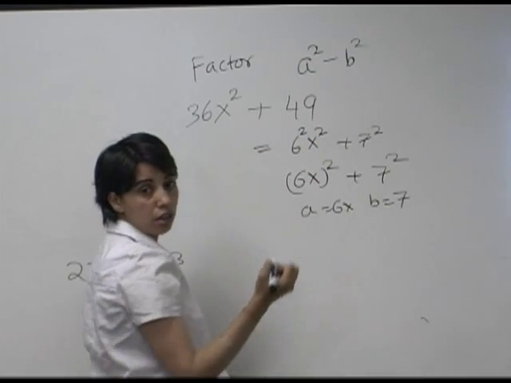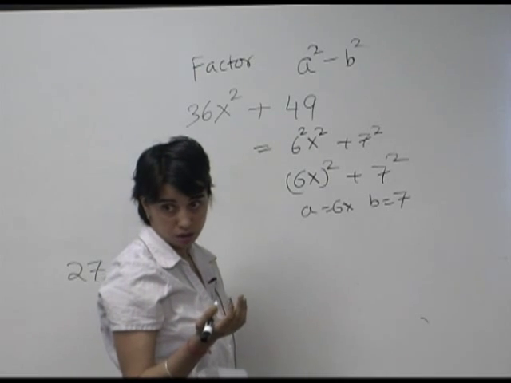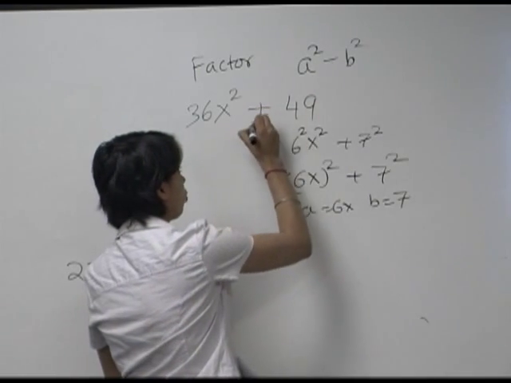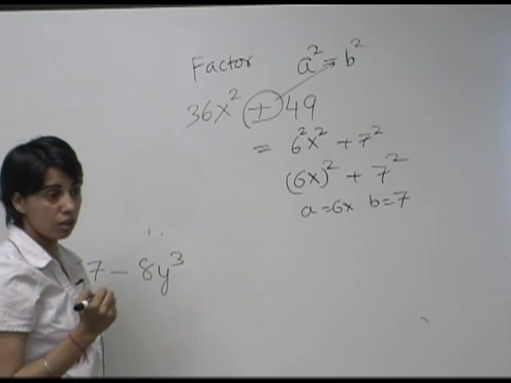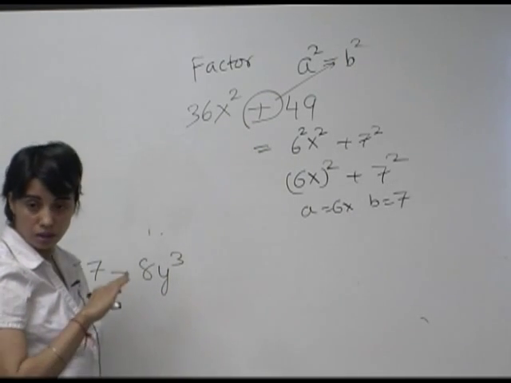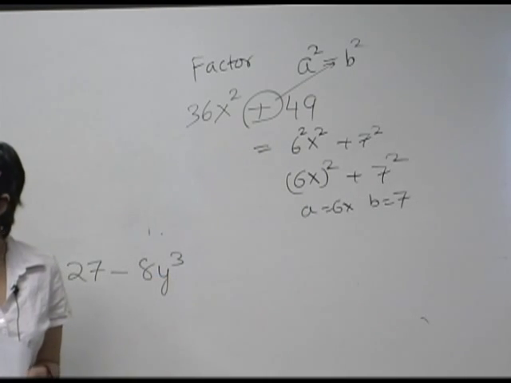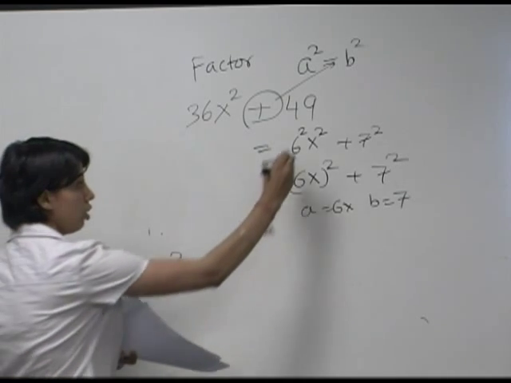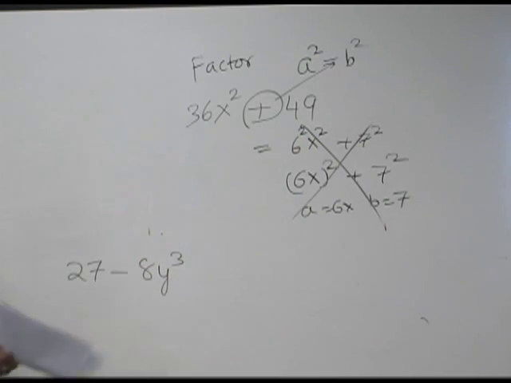There is no minus sign. How can we apply the formula? We cannot apply the formula. This formula is only when you have a minus sign here. So you have to remember, we only apply this formula when it's what sign? Minus sign. If it's a plus sign, you can't do it. You can't factor it further. So you just say not possible, right?